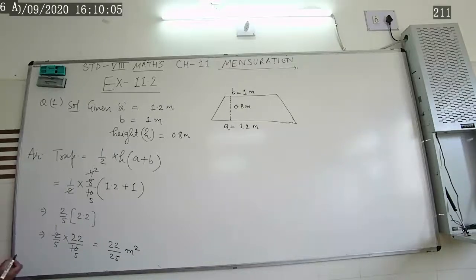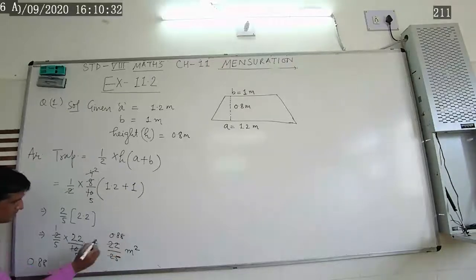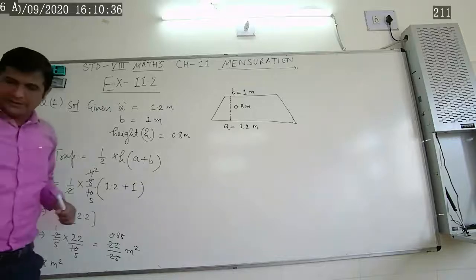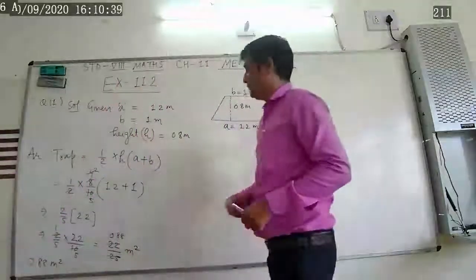Clear everybody? What will be the answer? After dividing this, we will get 0.88 meter square. So this will be the area of this geometrical shape, that is the trapezium.